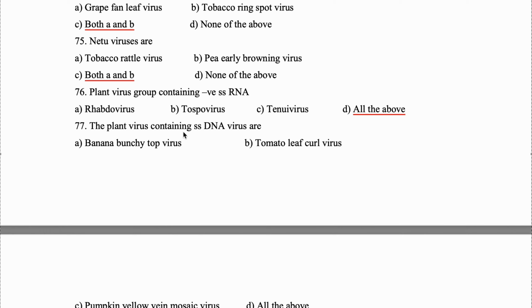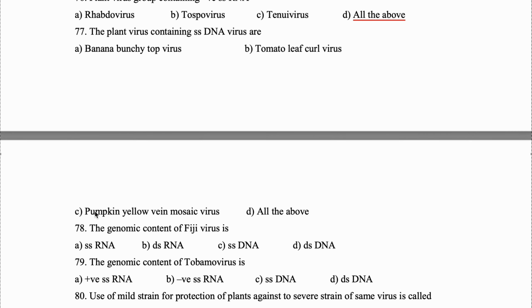The plant virus containing single-stranded DNA: banana bunchy top virus, correct. Tomato leaf curl virus, again correct. Third, pumpkin yellow vein mosaic virus. All the above options are from Begomovirus, Geminiviridae family, right? So geminiviruses have single-stranded DNA.